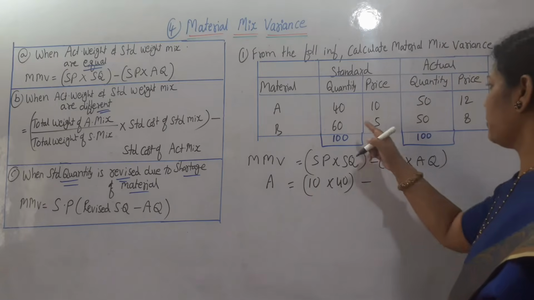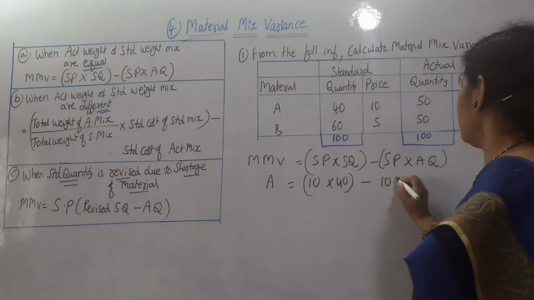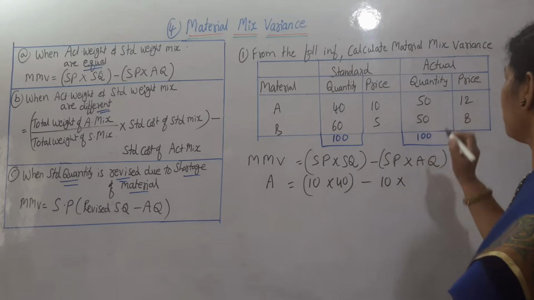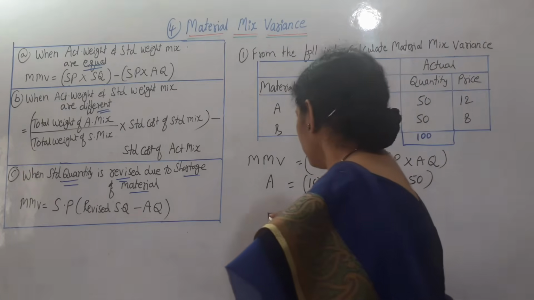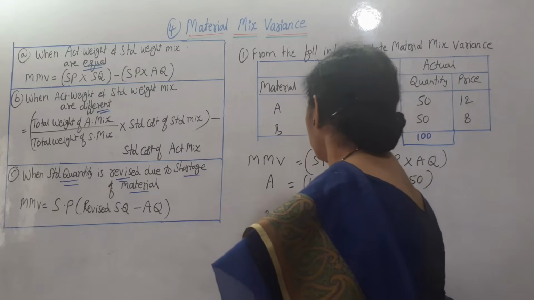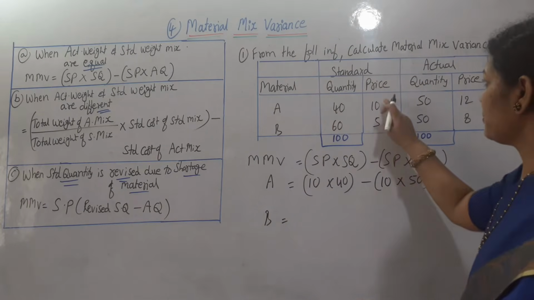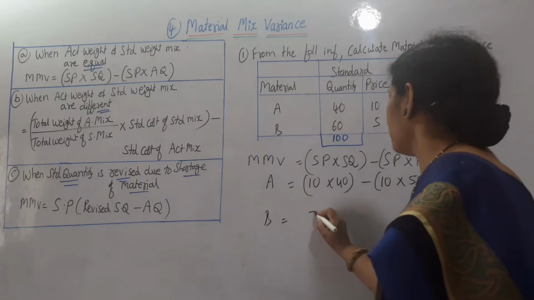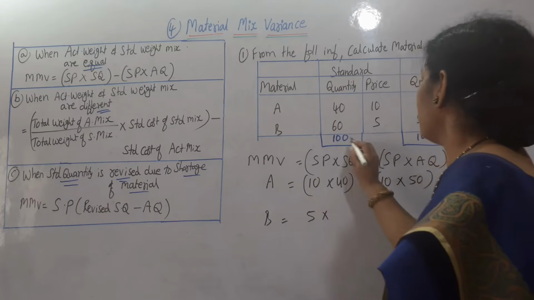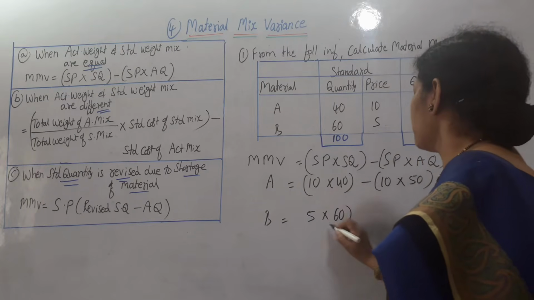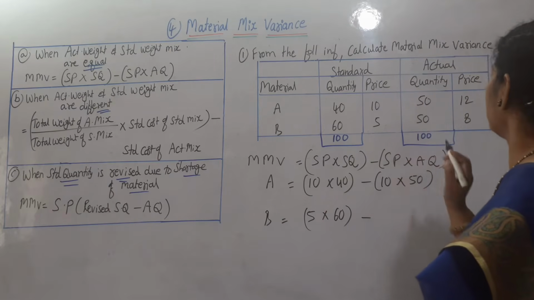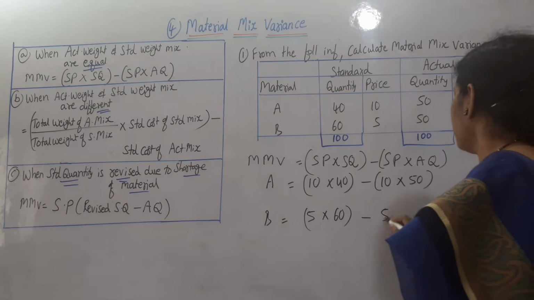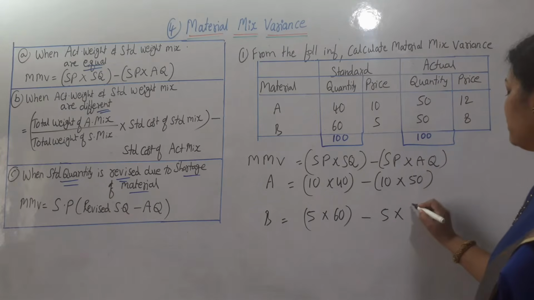Next, standard price, once again 10, into actual quantity, which is 50. We'll do the calculations. In the same way for B also. Standard price for B is 5 rupees and standard quantity is 60. Once again standard price of B is 5 rupees into actual quantity 50.